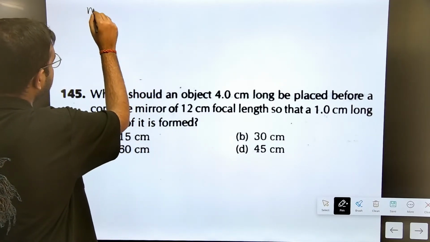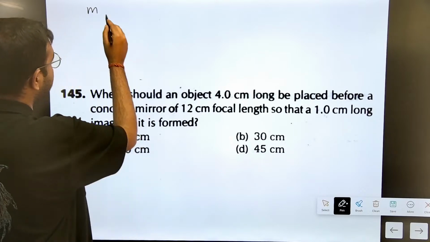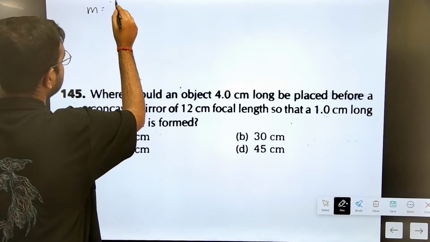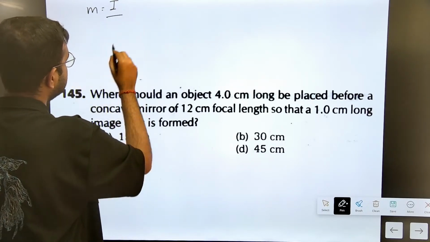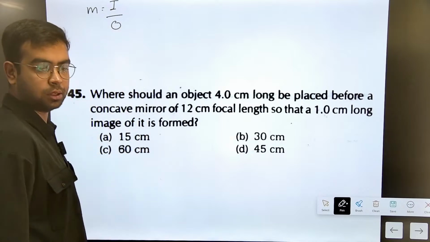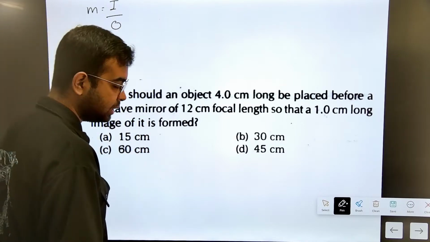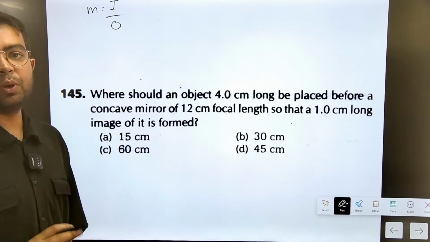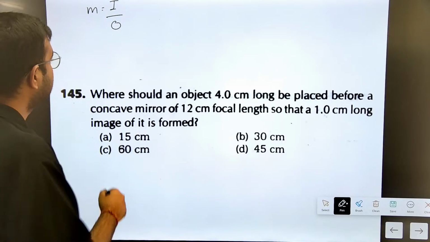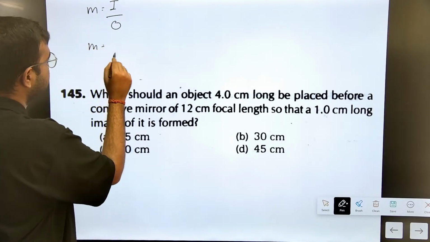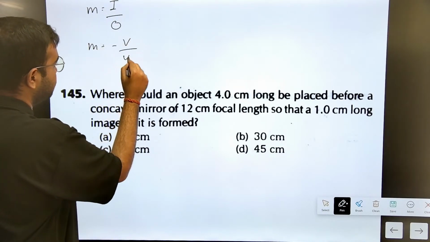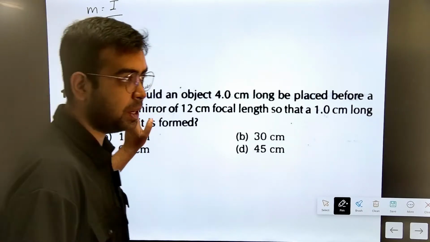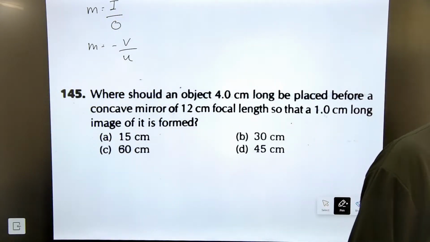For a concave mirror, the formula for magnification small m is image size by object size, ठीक है. Other than this, we have another formula for magnification of a concave mirror, which is magnification equal to minus v by u. अभी कंफ्यूज मत कर लेना v by u को इनिशियल और फाइनल वेलोसिटी से, ठीक है.